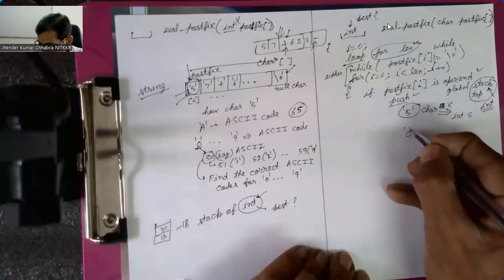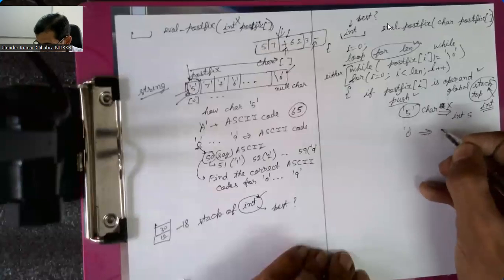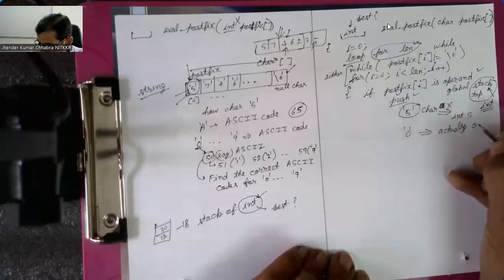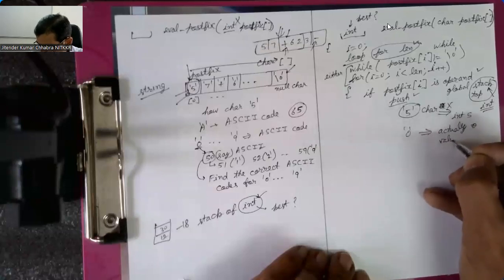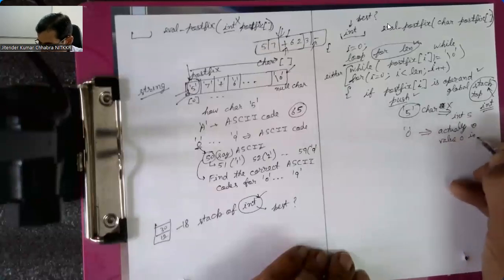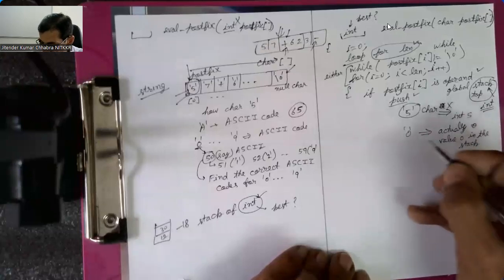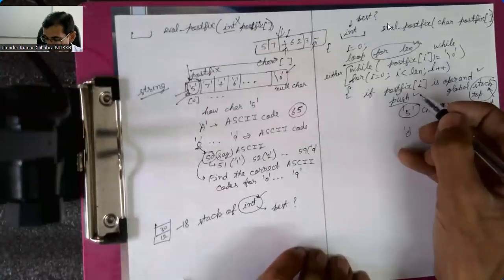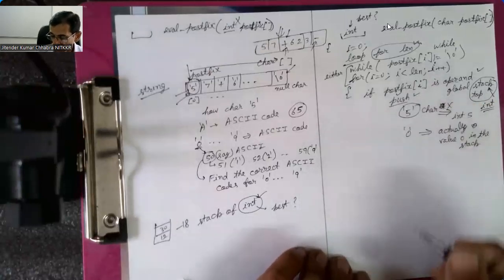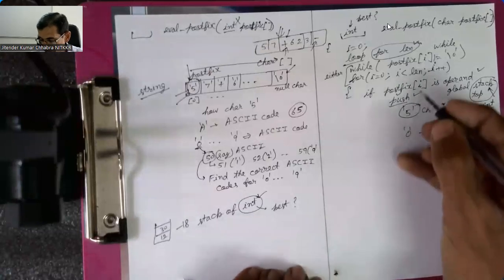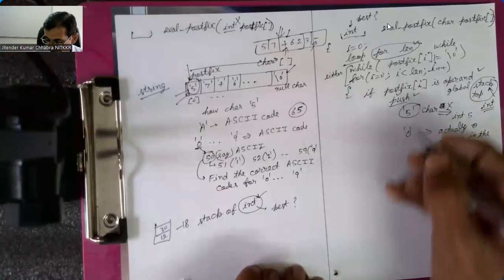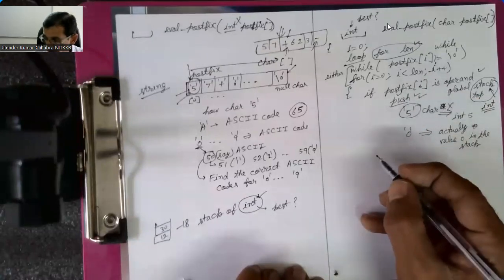If you push character 0, it should be stored as a value 0 in the stack. So the push has to be adjusted, and you have to operate on the data. Instead of directly saying push postfix[i], you have to do some mathematical calculation. I leave it to you how to do that.